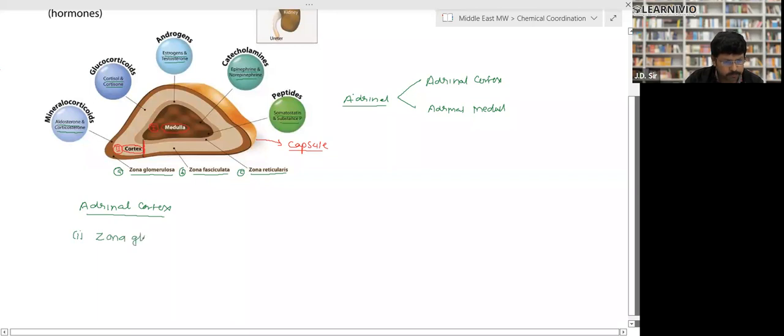Zona glomerulosa, as we have discussed, is the outermost layer. And the group of hormones that it secretes are known as mineralocorticoids.